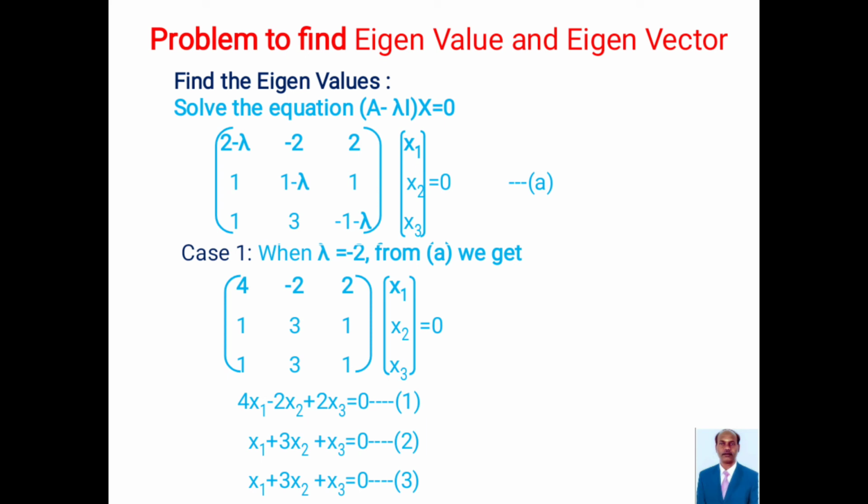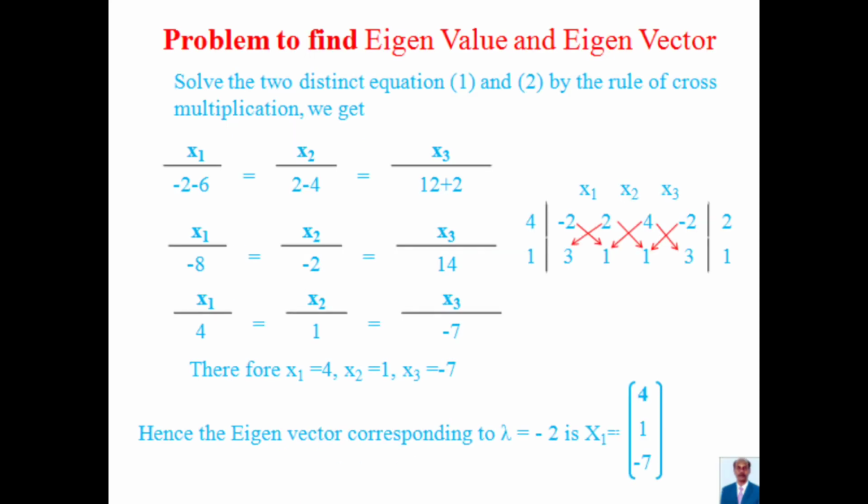So we get three equations. First one, 4x1 minus 2x2 plus 2x3 equal to 0. Second one, x1 plus 3x2 plus x3 equal to 0. And third one is x1 plus 3x2 plus x3 equal to 0. So solve the two distinct equations 1 and 2 by the rule of cross multiplication.